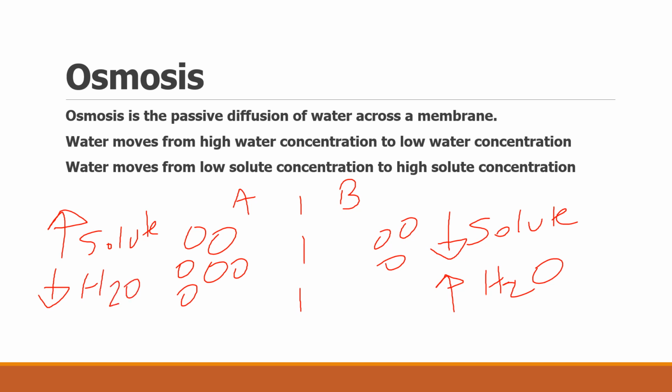And so the water is going to move from side B to side A, because water likes to go from a high water concentration to the lower water concentration, or basically from the side that has lower solutes to the side that has the higher solutes, because it would want to dilute side A.